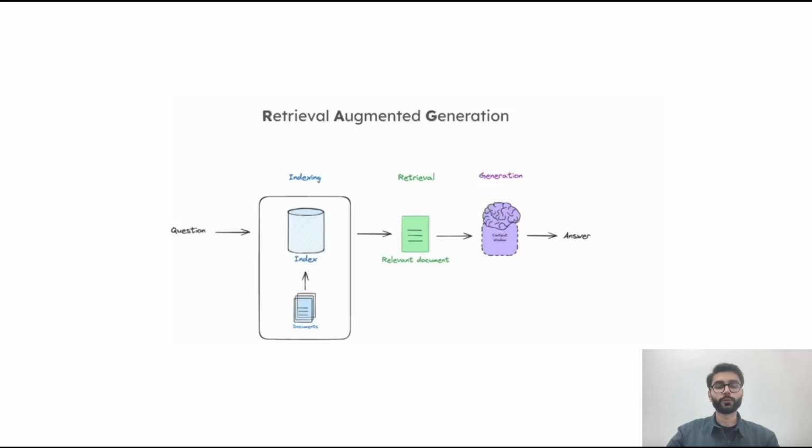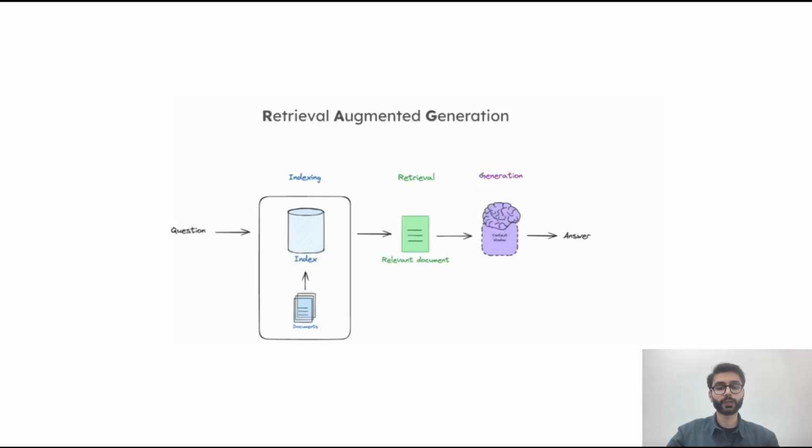So it will find out the context that is related to that particular question. Let's suppose you have written, I need the data of 2025. It will fetch the data from 2025 and take it as an input to the LLM model. So it will retrieve the data from the knowledge base that you have.